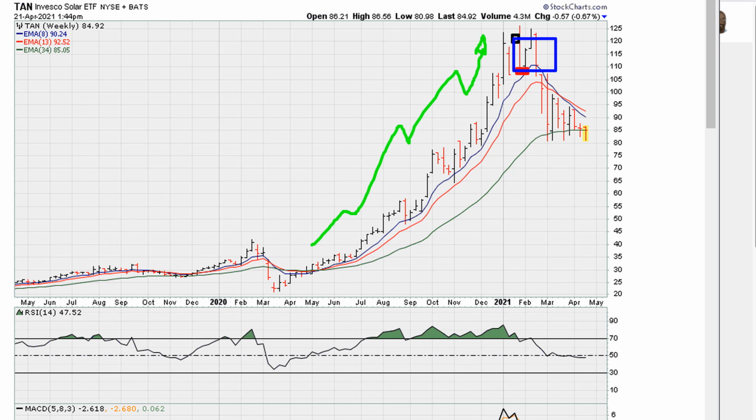So notice what happens here. If you are paying attention and understand the method, there is a failed weekly breakout there. And then it goes on to violate and breaks below the weekly closing low. So that base has been busted.